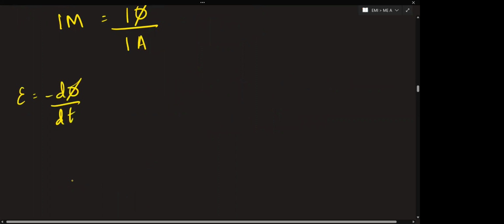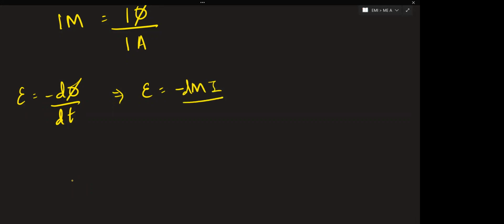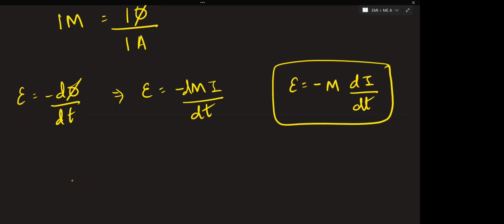This is from Faraday's law, that EMF is induced by the rate of change of magnetic flux, whose direction is given by Lenz's law. So if you place phi equal to MI, you get minus M di over dt. Again you get the same formula; it's just that the coefficient has changed.